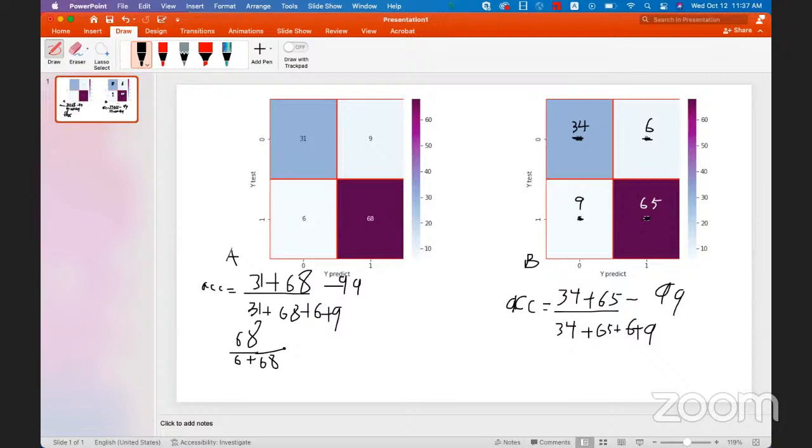Right? So we care about this score actually more than accuracy. And the same, we get this score for model B. The score for model B is 65 divided by 9 plus 65.